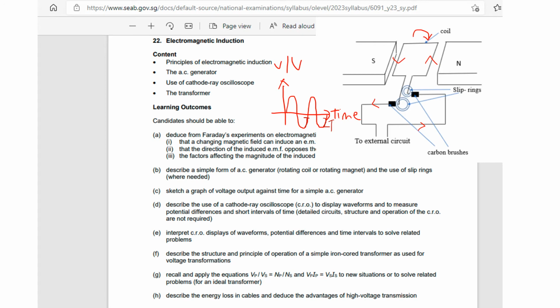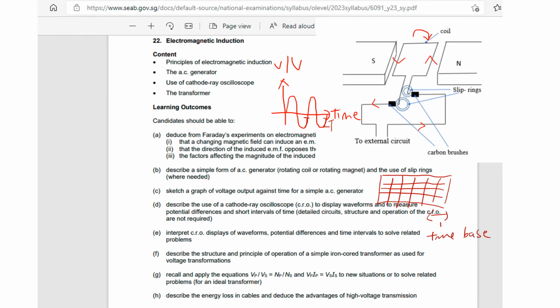All right. Next, let's look at part D, where you need to be able to describe the use of the cathode ray oscilloscope or CRO to display waveforms and to measure potential difference and short intervals of time. So basically, in a cathode ray oscilloscope, there will be a display. Depending on the settings, the horizontal axis represents the time base.